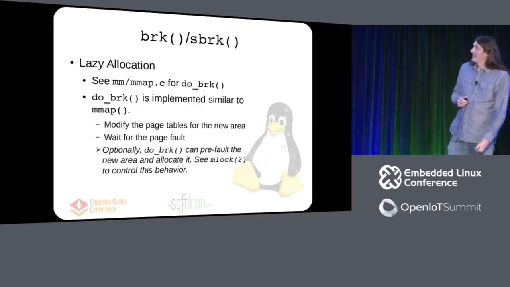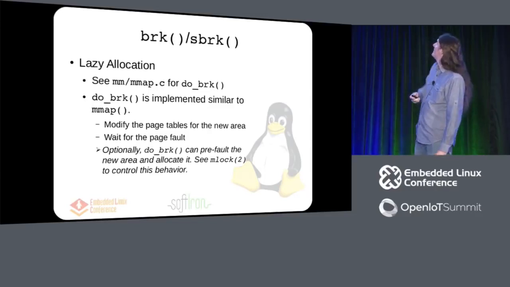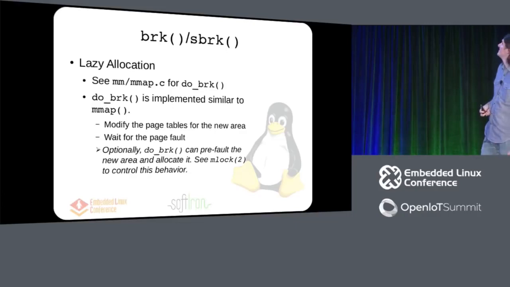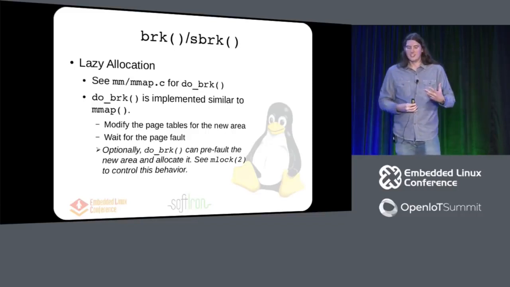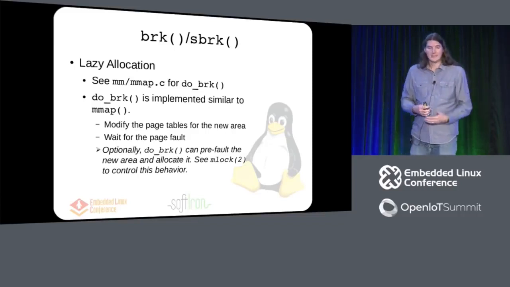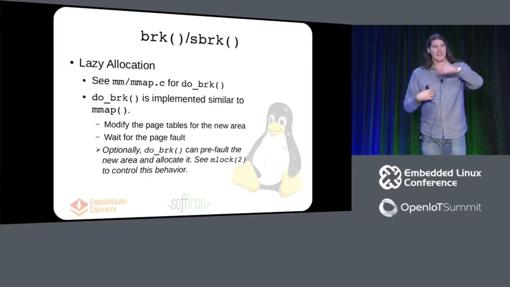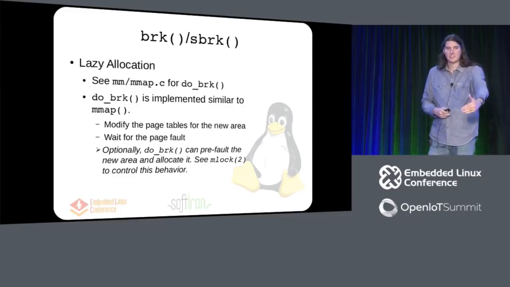So brk and sbrk use lazy allocation. If you have a look at mm/mmap.c, and you look in the function do_brk, this is in the kernel. do_brk is implemented very similar to mmap. What do_brk will do is modify the page tables for the new area, and then it'll simply wait for the page fault. It's using lazy allocation. You're not allocating the frame directly. You're just adding it to the page tables, and you're waiting for the user space process to touch that new memory.